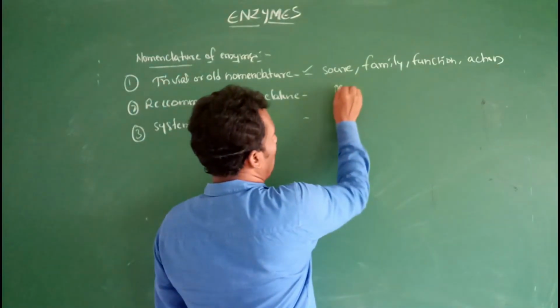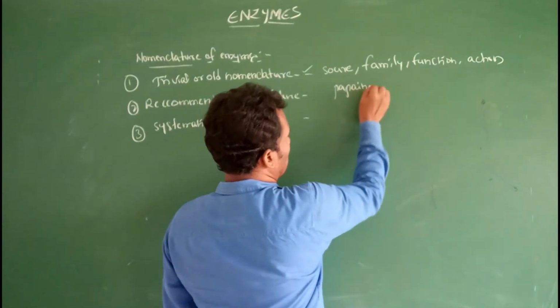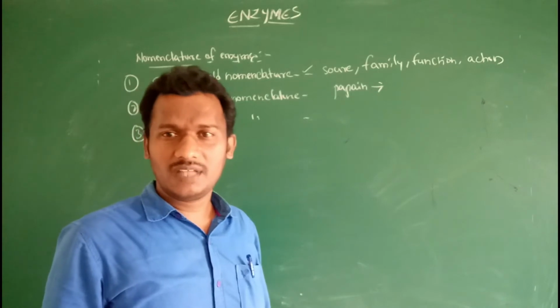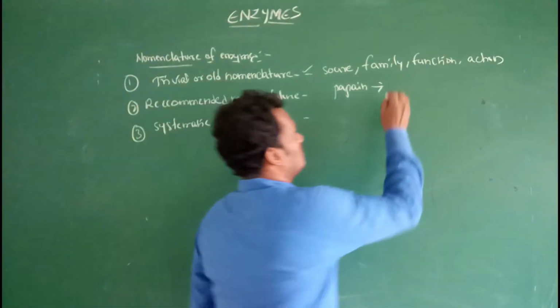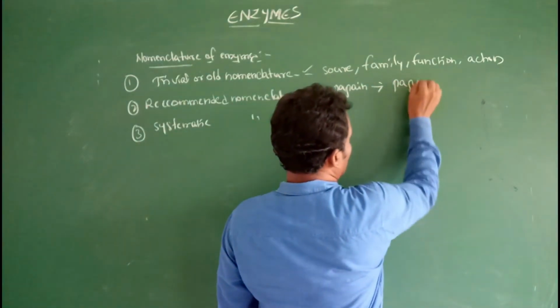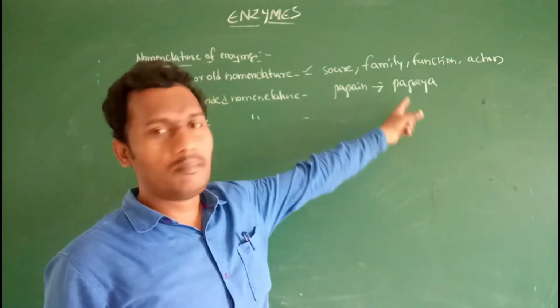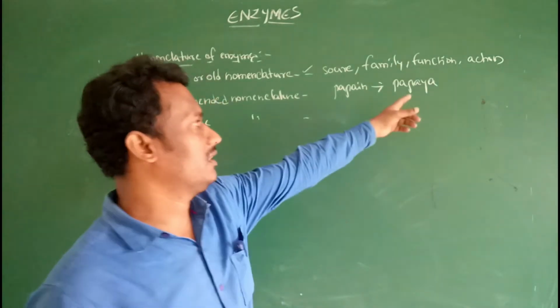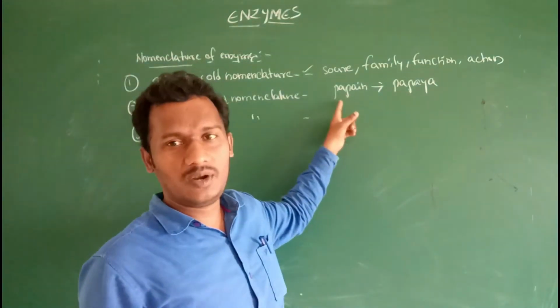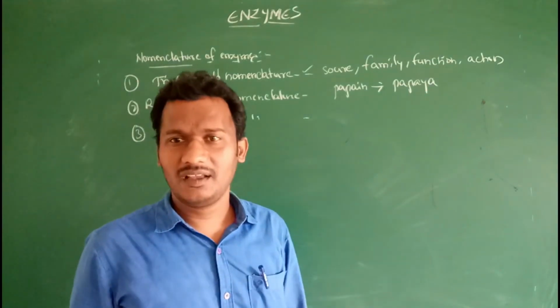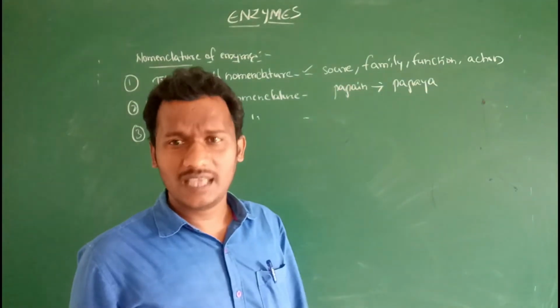For example, papain. The enzyme name papain is according to the source of the material, the Carica papaya plant. The source of this enzyme is the papaya plant, Carica papaya. That's why this particular enzyme was given this name. So it is called papain.